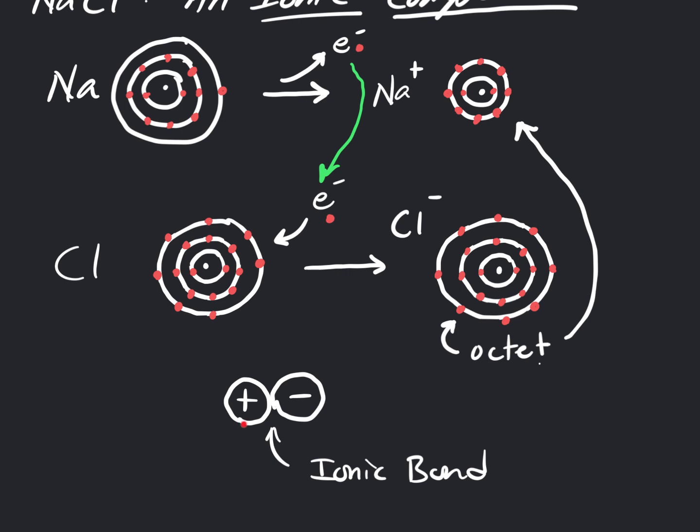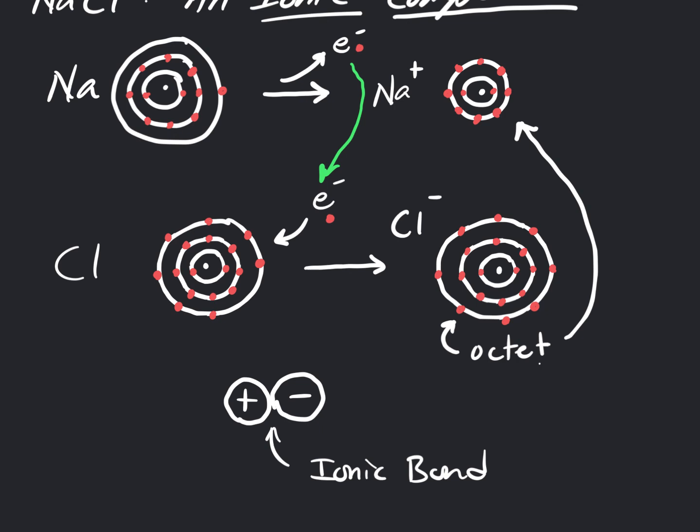Why did those ions form? Here's the key, guys. Listen up. Sodium lost an electron completely to create a sodium ion. Chlorine gained an electron completely to form a chloride ion.